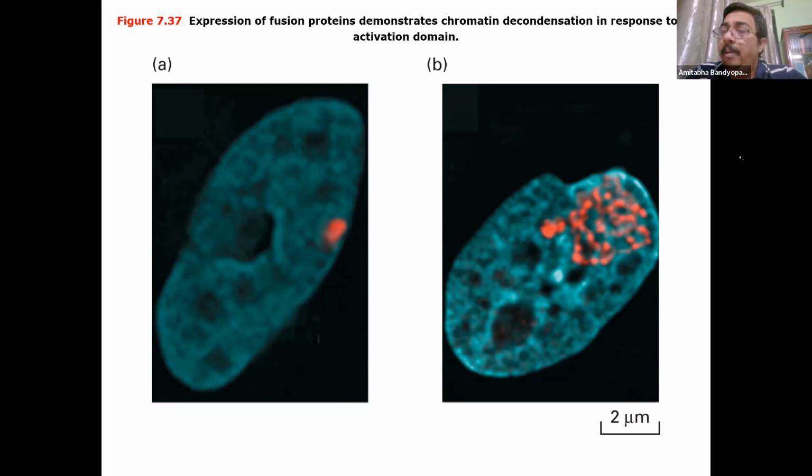And what they do is they kind of push out the nucleosome from the DNA, therefore decondensing the DNA. So many activation domain containing transcription factors, many of the powerful transcriptional activators, operate somewhat like this.